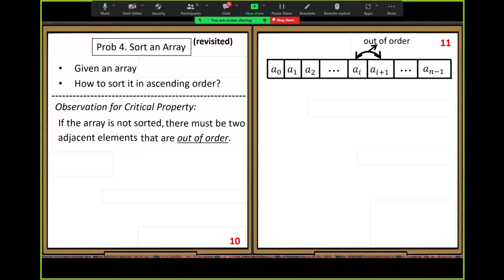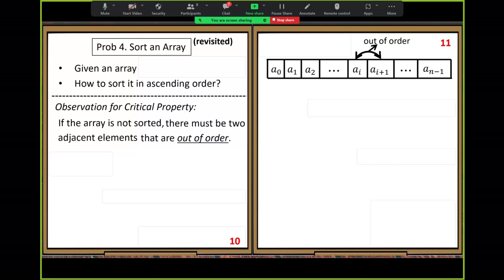You can use contrapositive thinking here. If you assume any two adjacent elements are in order, then the whole array must be in order, right? If we cannot find any two adjacent elements that are out of order, that means any two adjacent elements must be in order, in ascending order.